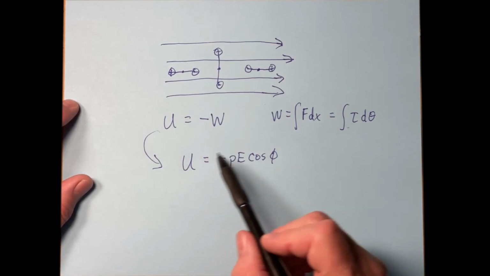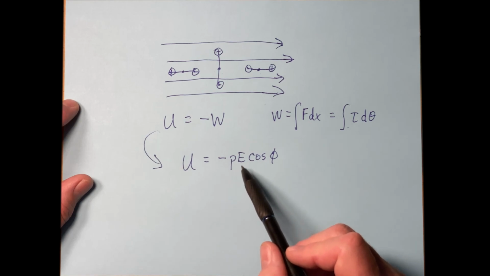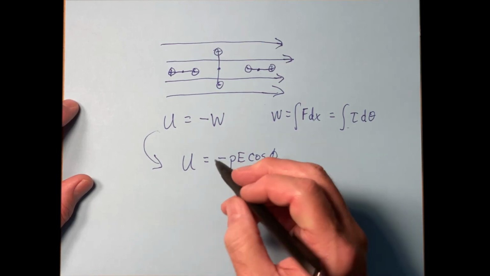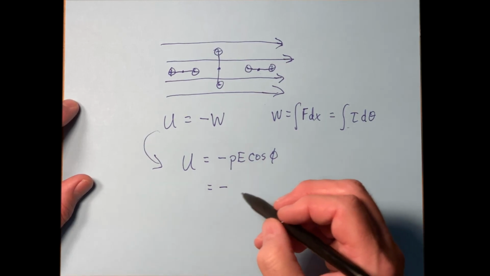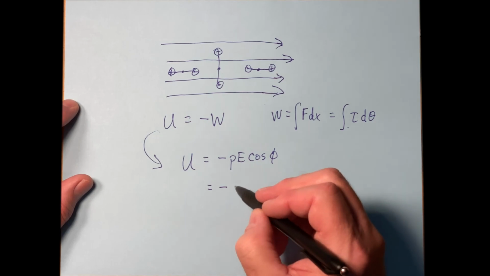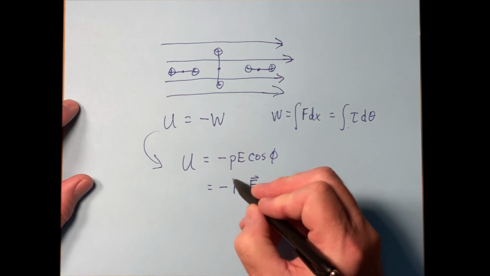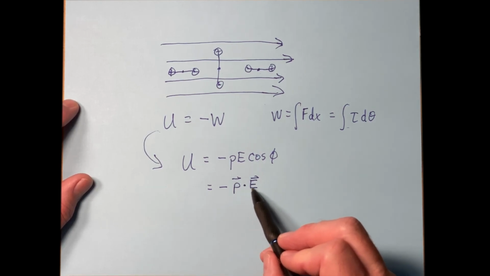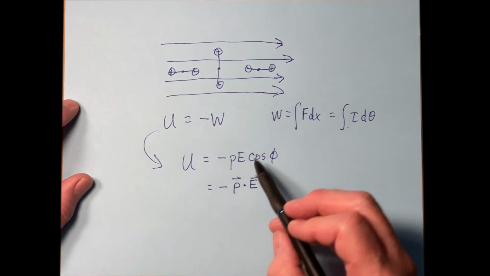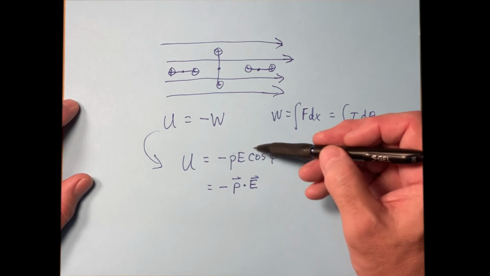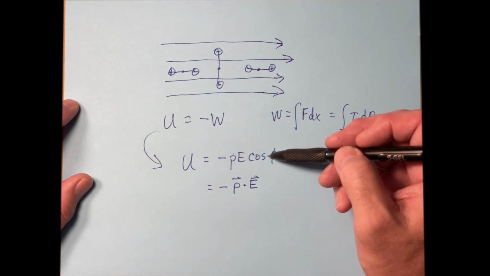It's not difficult to do. Now, if you look at this, this is a dot product. If you take that negative sign, leave it there, but P dot E, the dot product of these two vectors is the magnitude of the first vector multiplied by the magnitude of the second vector times the cosine of the angle between the two vectors.